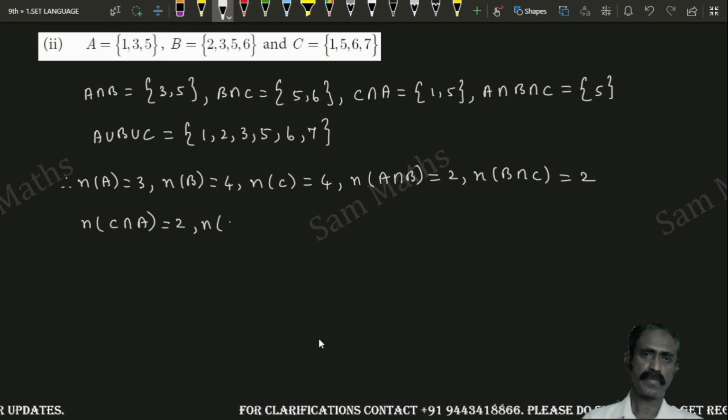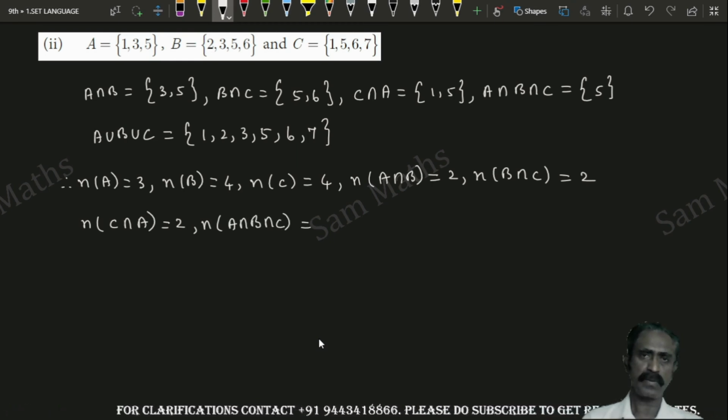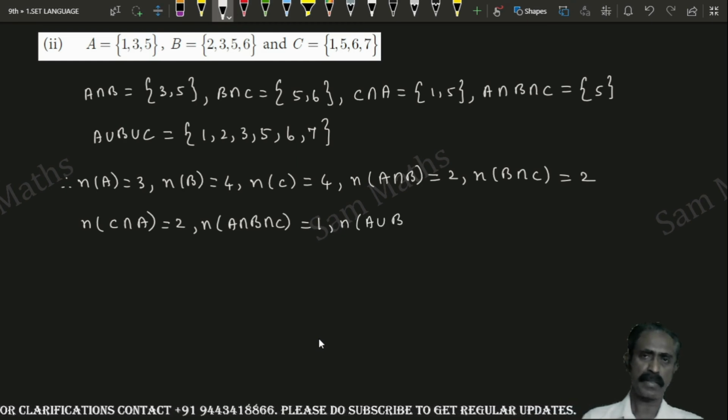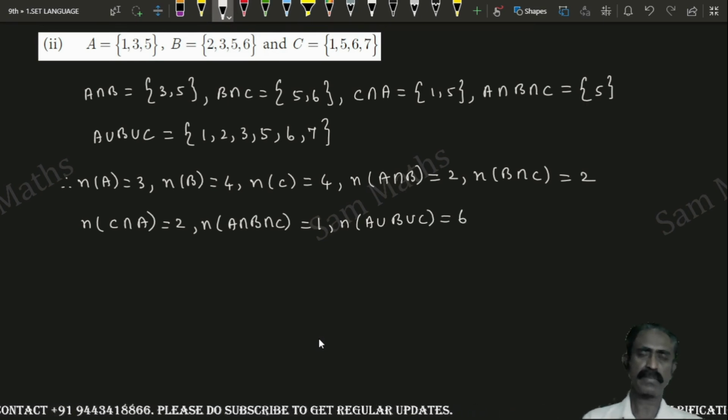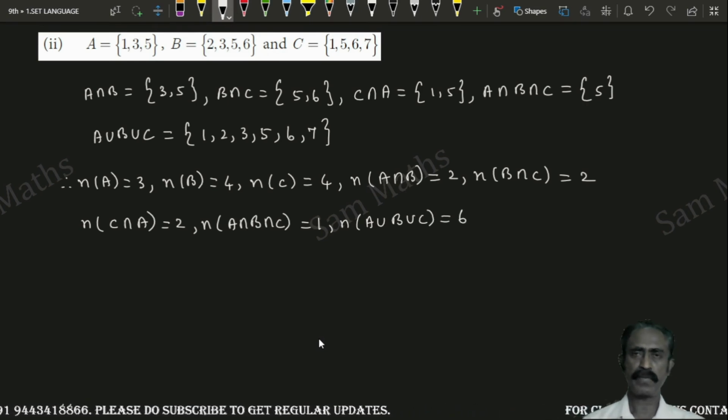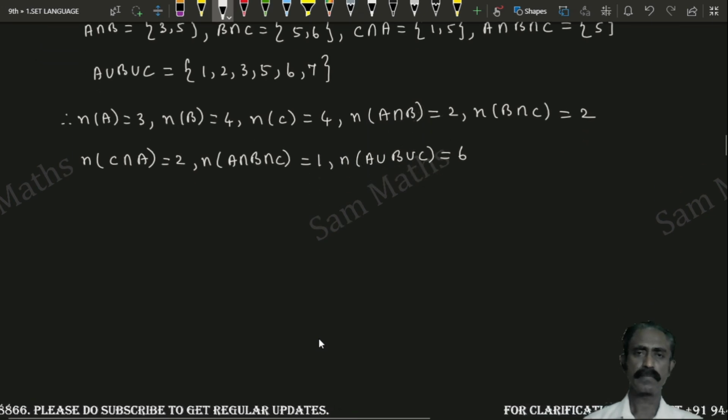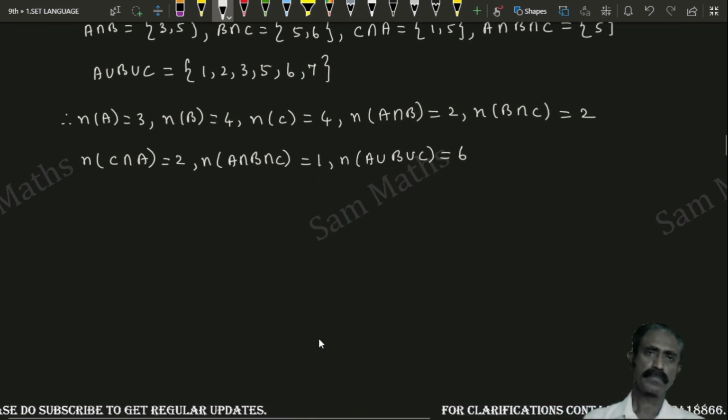Now n of A intersection B intersection C is equal to 1, then n of A union B union C, that is equal to 6 elements. Now we have to verify the formula.